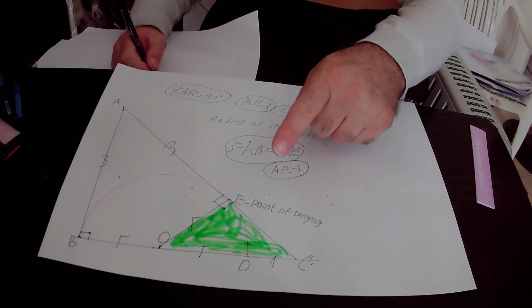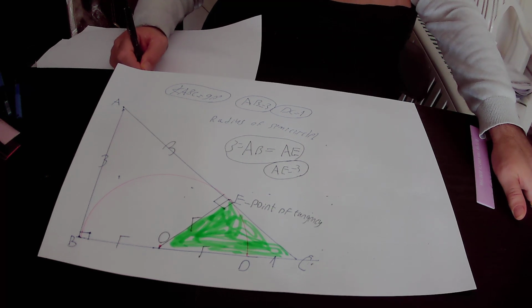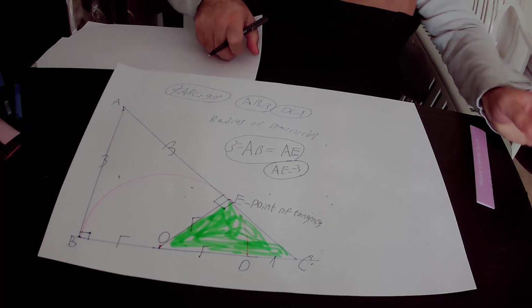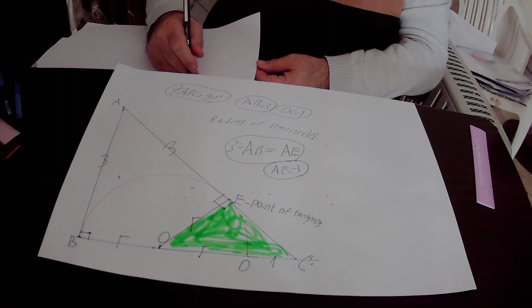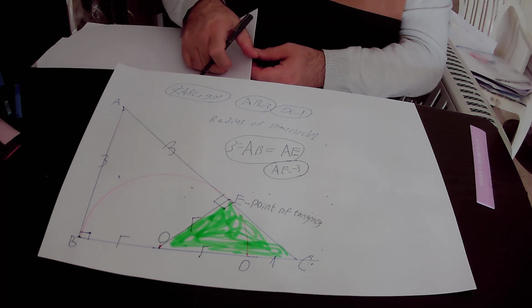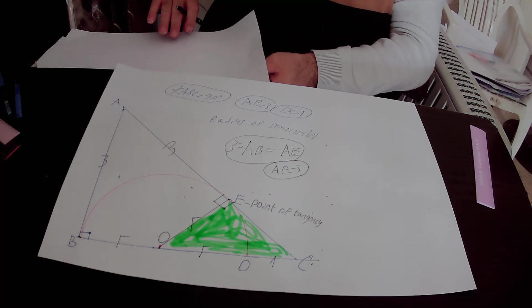according to the Pythagoras theorem, in any right triangle, the square of the hypotenuse equals the sum of the squares of the perpendiculars.